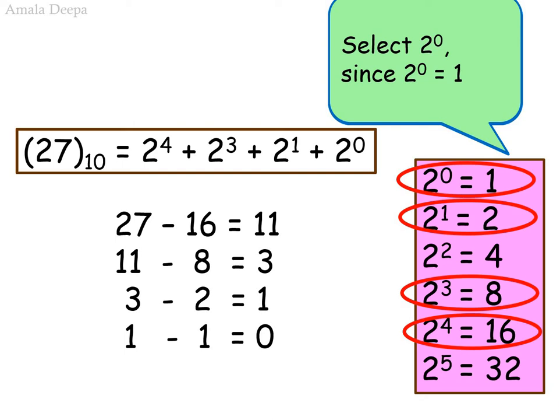So you do this subtraction until you get 0. Now we can stop. Now I have written 27 base 10 as 2 power 4 plus 2 power 3 plus 2 power 1 plus 2 power 0. That is, 27 is written as a sum of powers of 2.